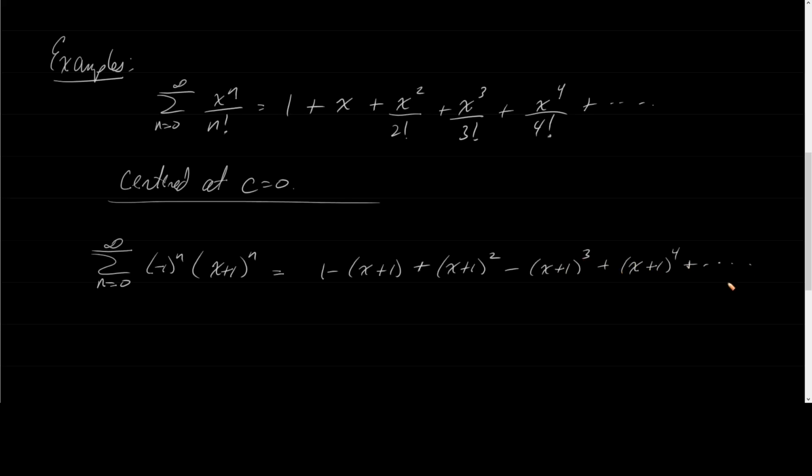Notice that this negative 1 to the n is the reason why we're alternating in sign. So this is essentially an alternating series that happens to also be a power series. The form was x minus c, and here we have x plus 1.